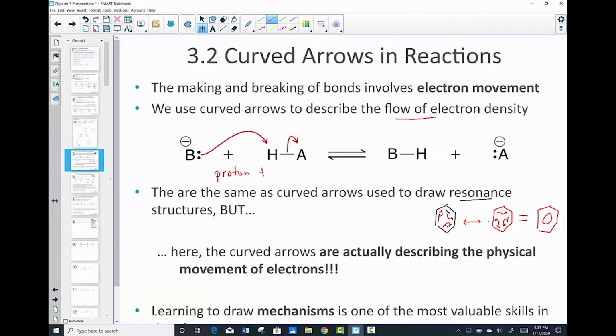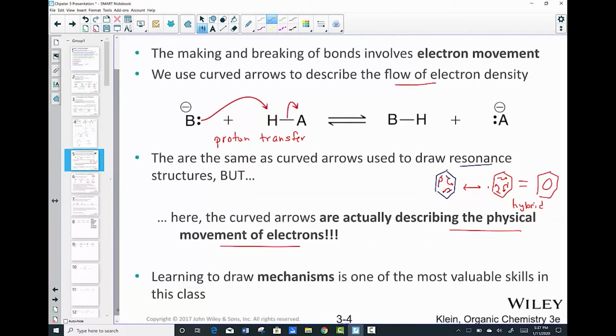So I'm actually moving electrons in a reaction mechanism. They are a physical movement of electrons, not a resonance structure, which is a hybrid, but an actual movement from reactants making new products. Learning to draw these electron arrows is of critical importance. Every time we introduce a reaction mechanism and dive in for understanding, we're tracking electron flow.